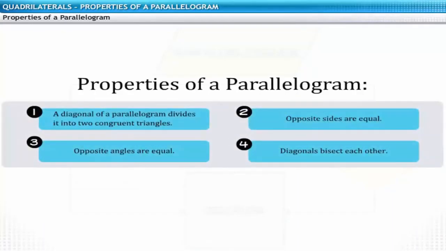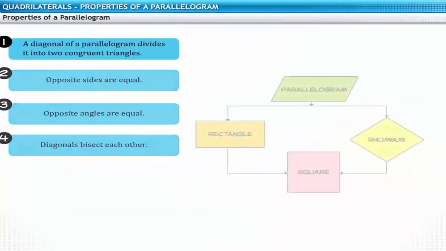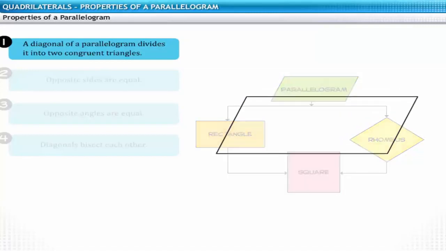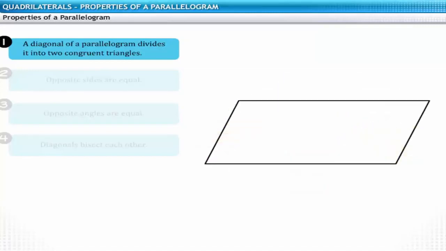Now, let's learn about the properties of a parallelogram with the help of an activity. First property we are going to prove is that a diagonal of a parallelogram divides it into two congruent triangles. Consider this parallelogram. Let's join any of its two opposite vertices.